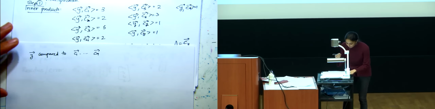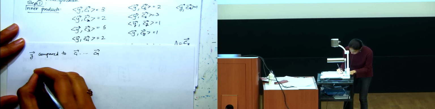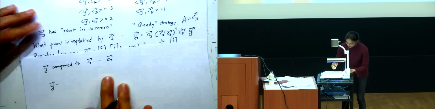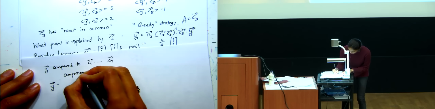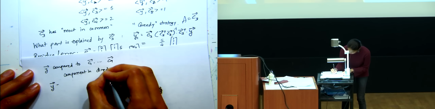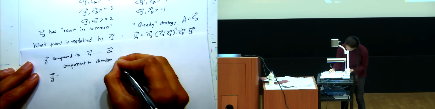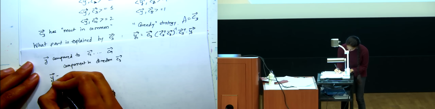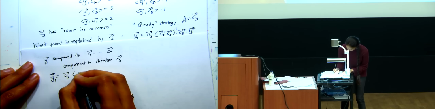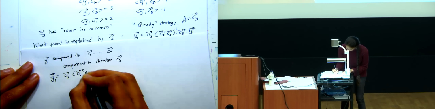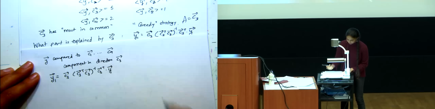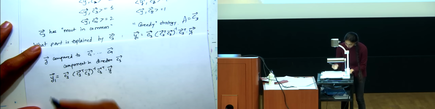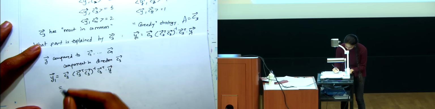C3, right? And so I'm going to say y minus basically the component in direction C3. And so I'm going to have y1 is equal to C3, C3 transpose C3 inverse, C3 transpose y. Okay? And so now what is my C3? My C3 is just 1, 1, 1, 1.